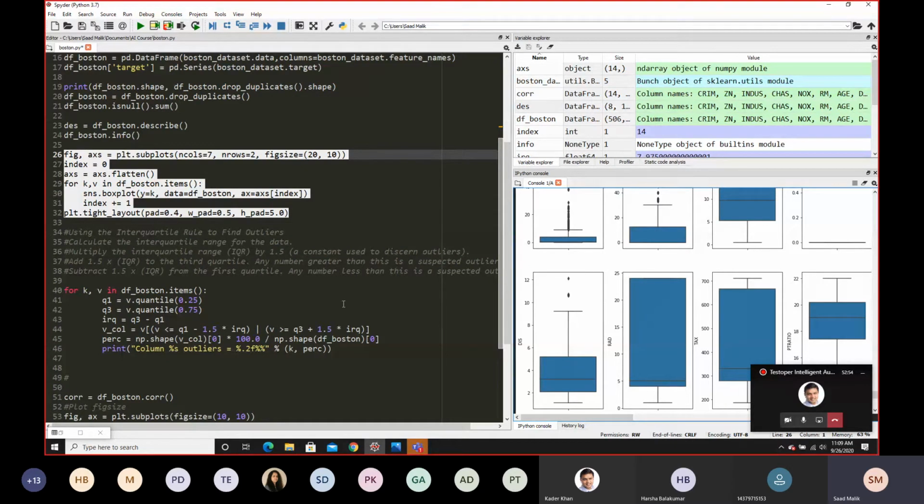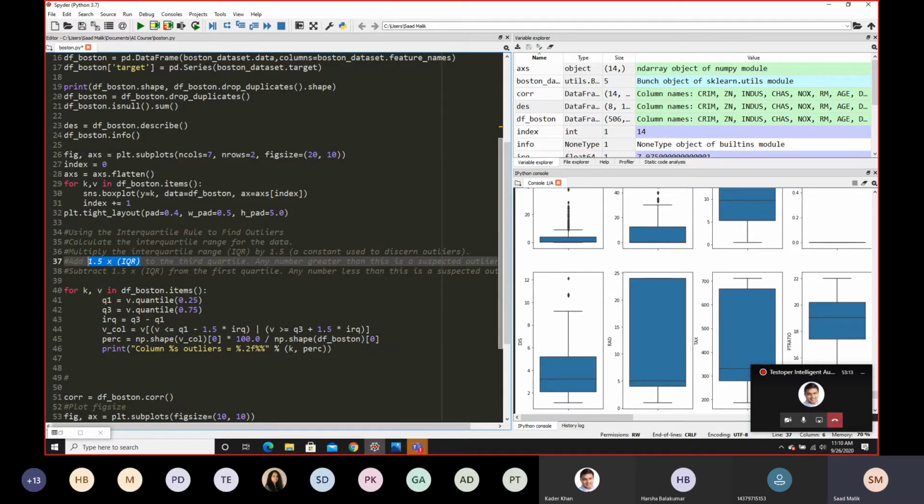There are many different ways of finding outliers. One method is using the interquartile range. You take the interquartile range, multiply it by 1.5, and then check the distance of a value against the product of 1.5 and the interquartile range.